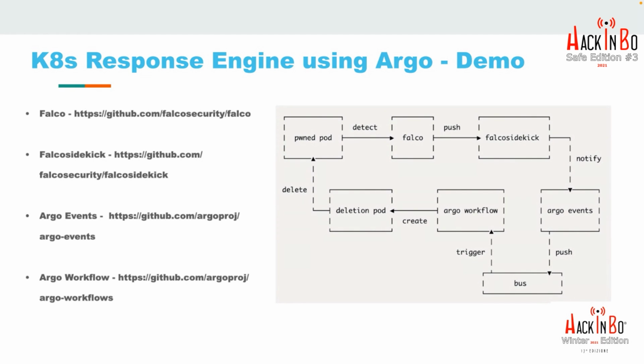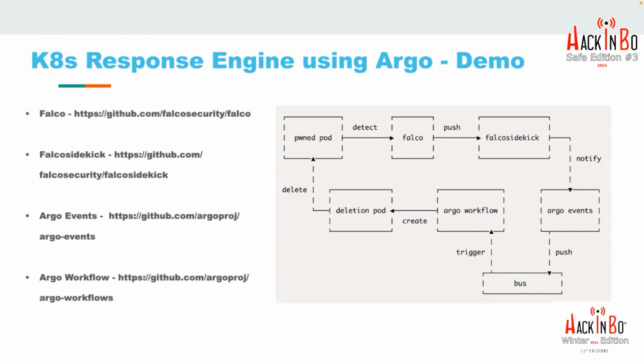And in our case, Argo Events will receive the events from Falco Sidekick and push them into the event bus. In particular, we are going to use two Argo Events objects during the demo, event sources and sensor, and we will see in a minute how they work.